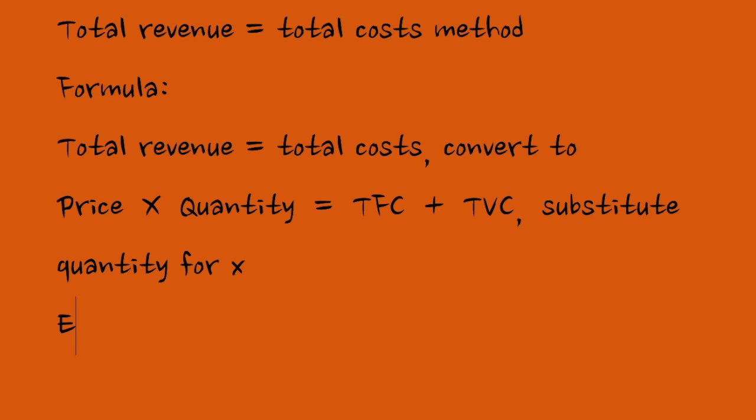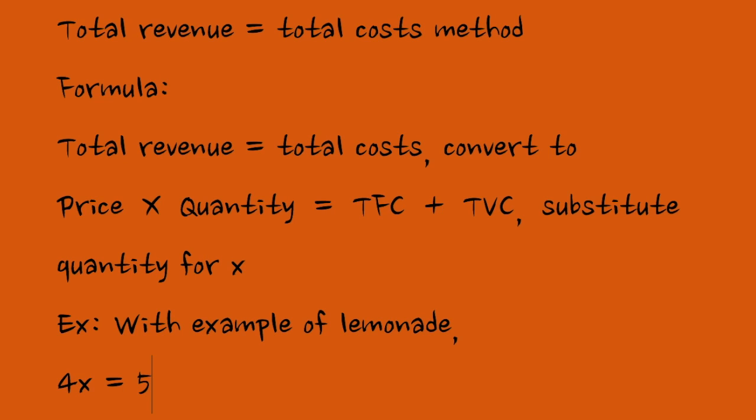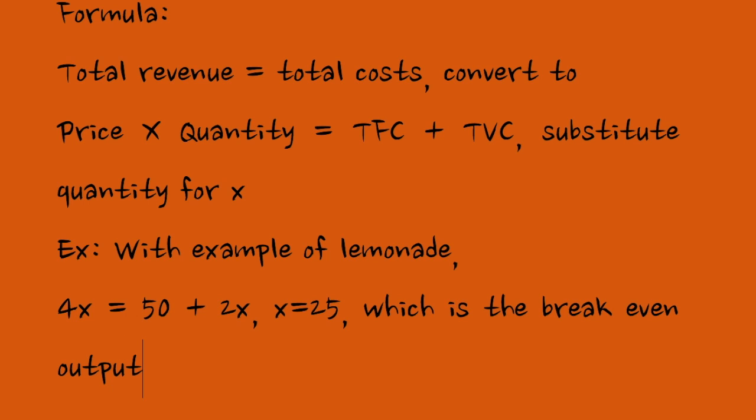For example, by using the case of the lemonade stand, the formula we would get is 4x, as the price of each lemonade glass is $4 and x is what we're substituting for quantity, equals 50, which is the TFC, total fixed cost of building the lemonade stand, plus 2x, as 2 is the variable cost for making each lemonade glass and x is thus again the quantity. This would give us x equals 25, which is the break-even output.